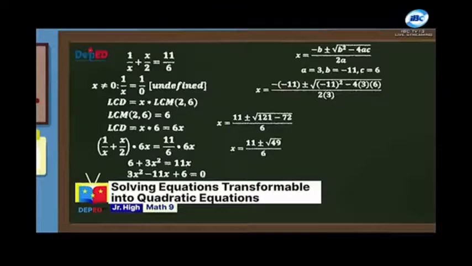So x should be equal to 11 plus or minus the square root of 49, all over 6. x is equal to 11 plus or minus 7, all over 6.